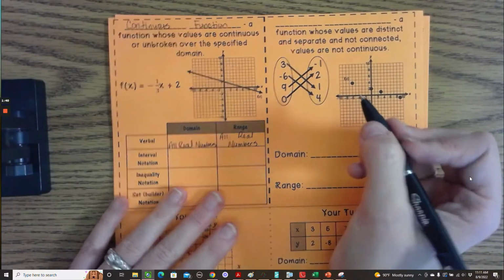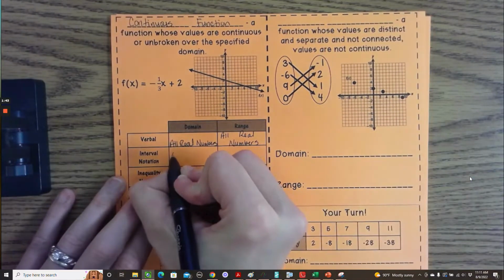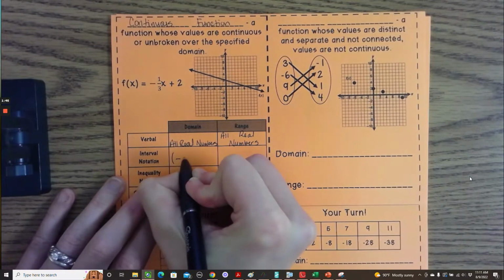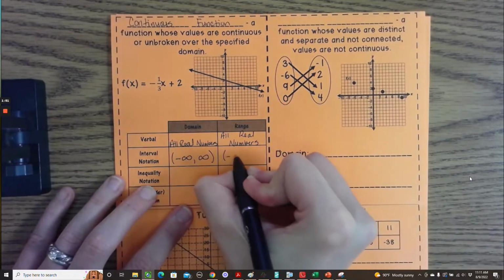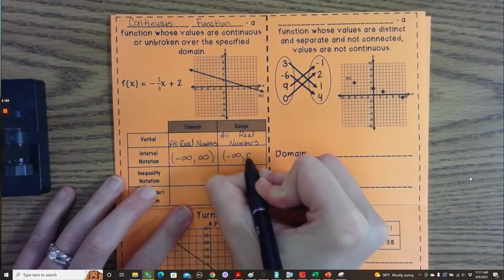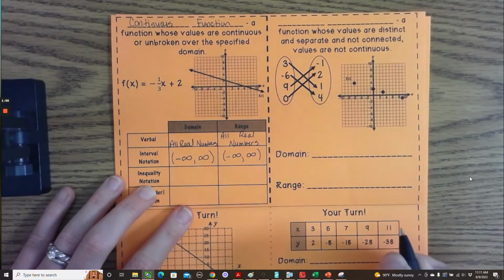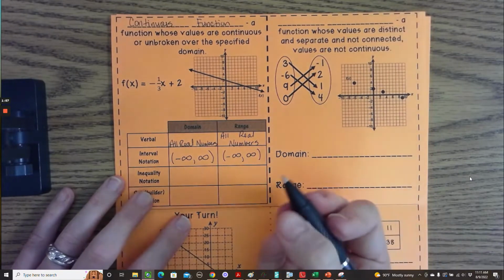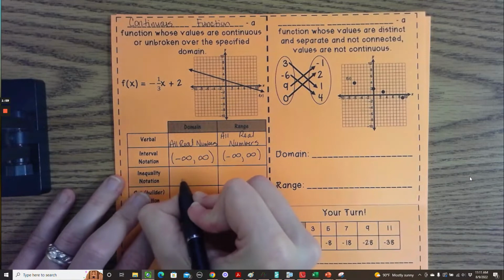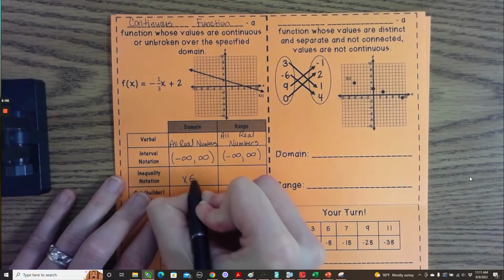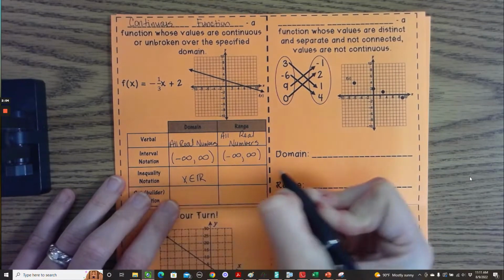So in interval notation, my domain would be from negative infinity to positive infinity, all numbers. The range would be the same, negative infinity to positive infinity. In inequality notation, we would just write that x is a member of this set of real numbers.